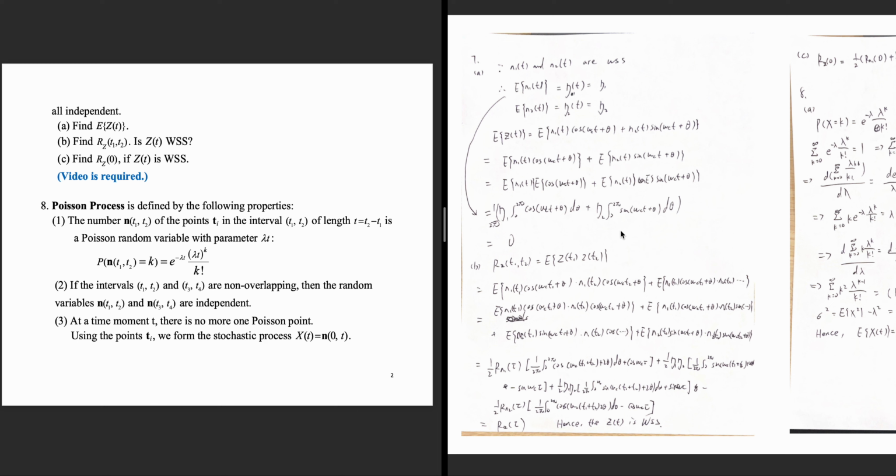Because these two parts of the result are 0, eta 1 times 0 plus eta 2 times 0, the final result is 0. So this is the answer to sub question A.